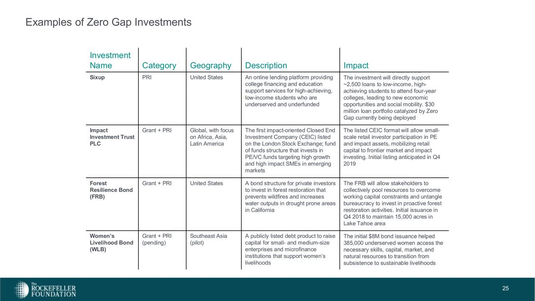I'll touch on 6UP later, but it's a good one when we talk about impact measurement and evaluation. 6UP is a student lending business here in the U.S. that focuses on low-income students who are high-performing but don't have a cosigner or a credit score, and can't access enough lending capital to attend college, even with Pell Grants and all the other funding support they can get. You'll see the impact linked to this deal, which I'll go into in more detail later.